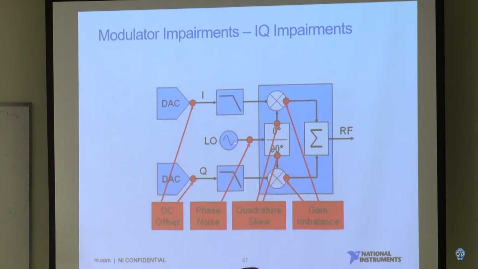And you're using a local oscillator to do a 90-degree phase shift, which has a quadrature skew, and your output has gain imbalance between I and Q. So when all four combine together, it's called IQ impairment. Technically the I and Q should be perfect, but nothing is perfect in design. So this is why the term IQ impairment comes out, and it all comes from these four particular areas when we design the hardware.